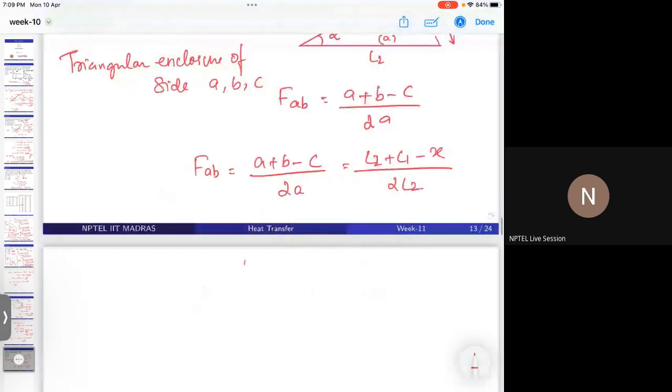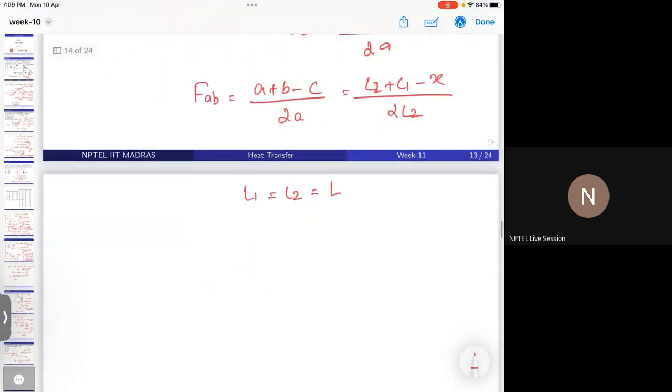Here L1 is equal to L2, which I assume as L. So FAB is equal to L plus L minus X divided by 2L, which is 2L minus X divided by 2L, equal to 1 minus X by 2L.